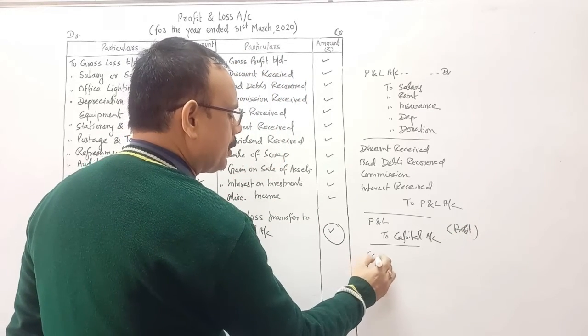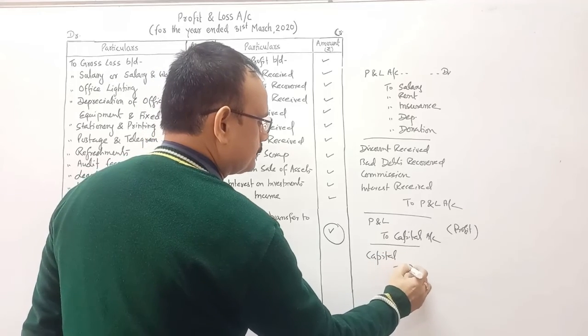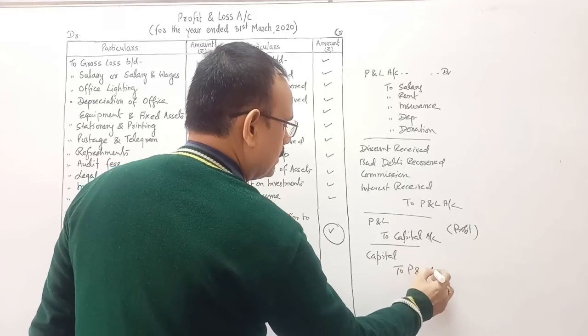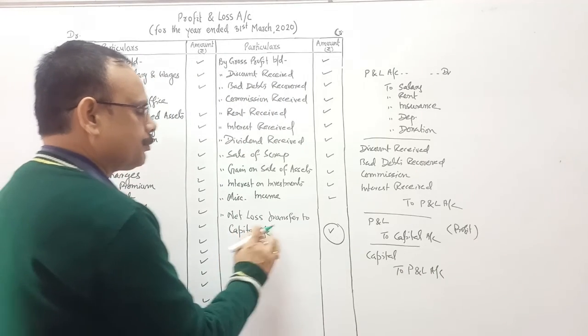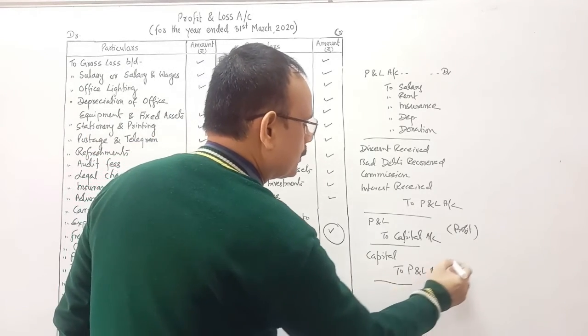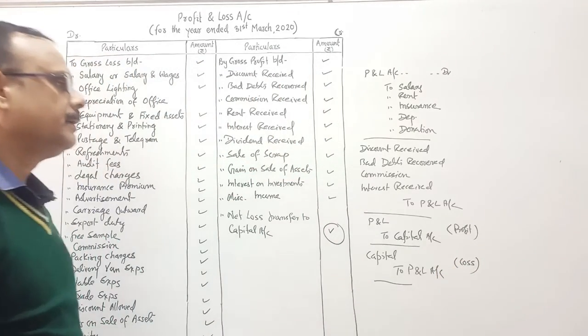And if there is a loss, then capital account debit to profit and loss account, for net loss. Is it clear?